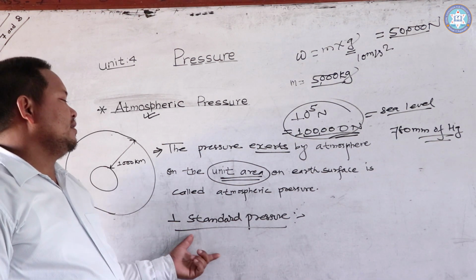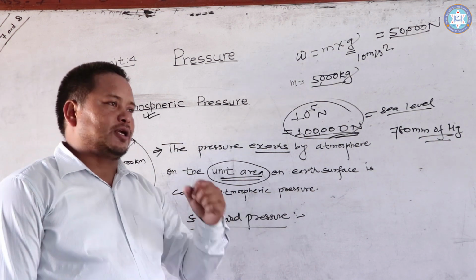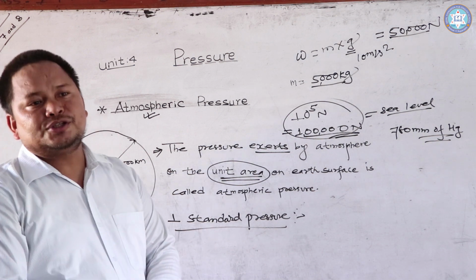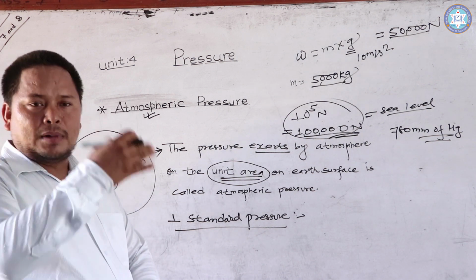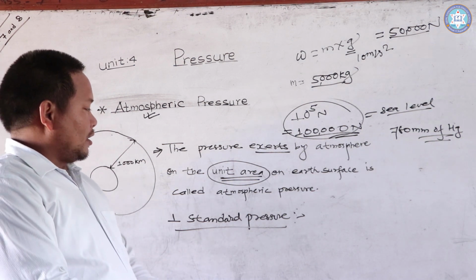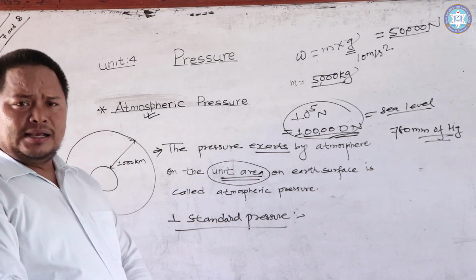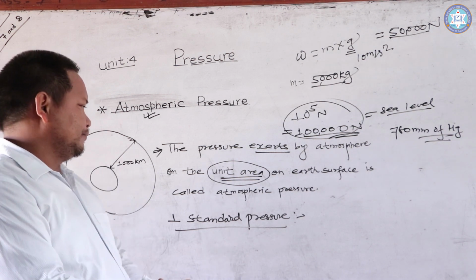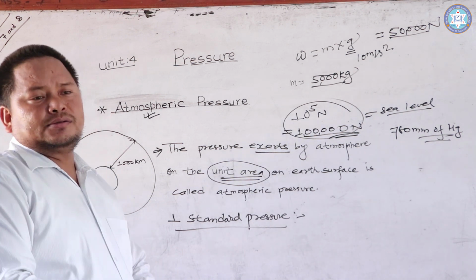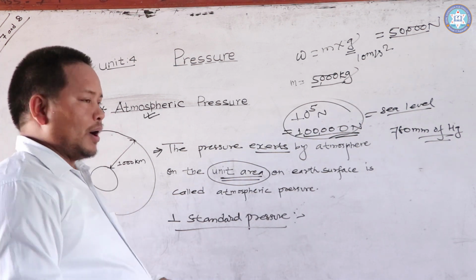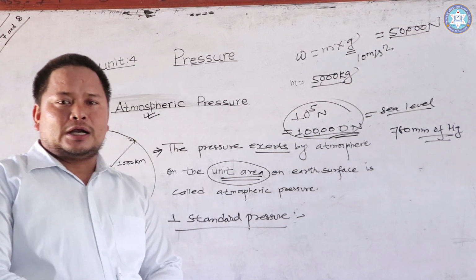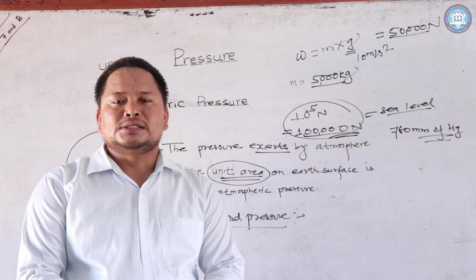We can feel atmospheric pressure while we move to high altitude, like mountains, where nose bleeding and eye bleeding occur. Why does it occur? This is also interesting. I already said to you, while the altitude is increased, then what happened? The atmospheric pressure is decreased.